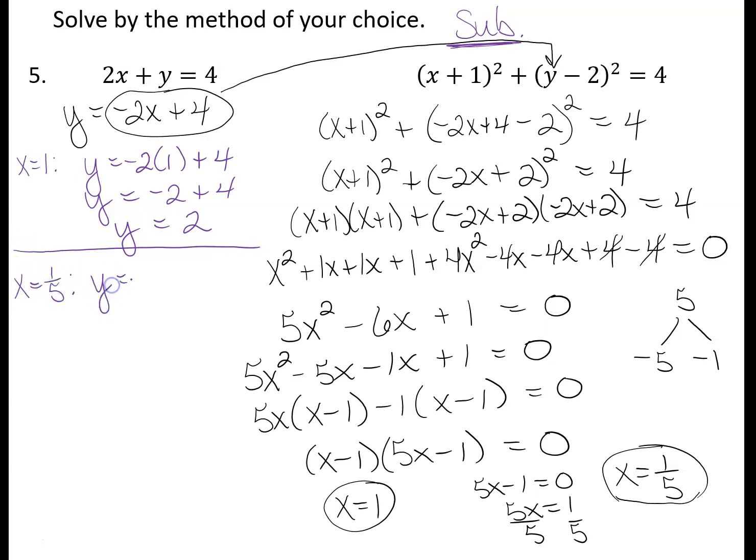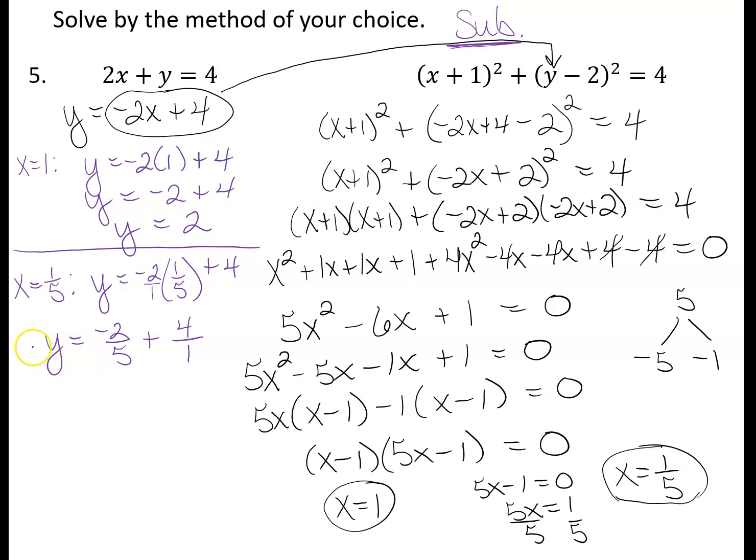So y is negative 2 times 1/5 plus 4. So that would be, this is like a 2 over 1, multiply across would make negative 2/5 plus 4. Let's make that a 4 over 1. And I'm going to go ahead and work this by getting a common denominator.